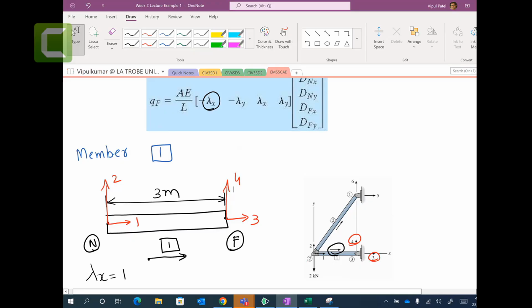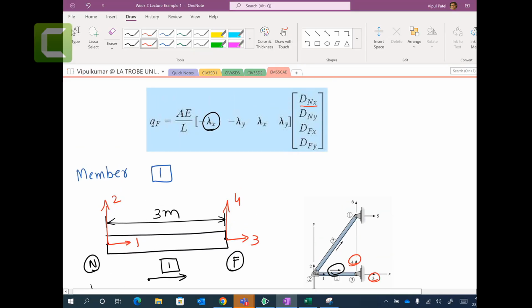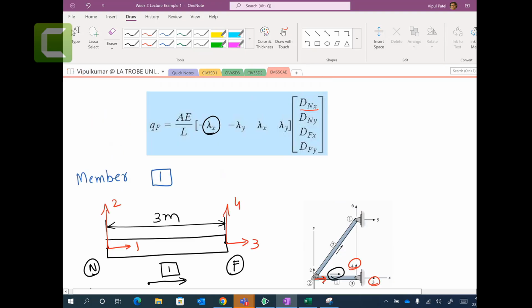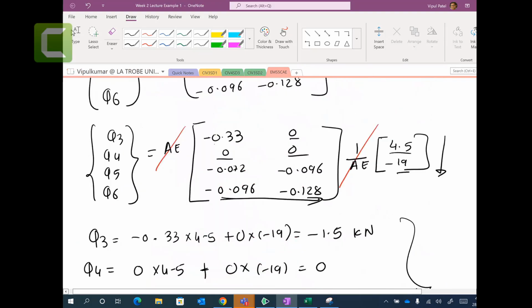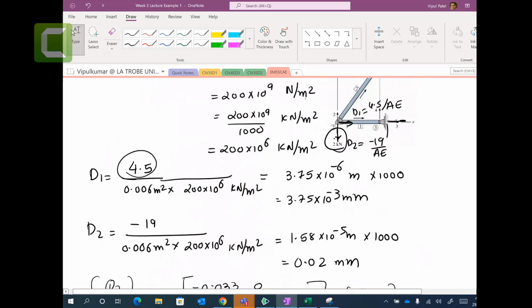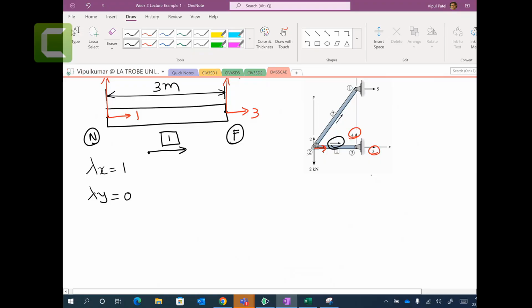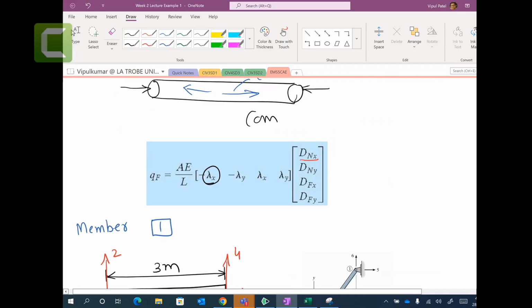Now we can use this equation and plug in the values. Near node x, and we have a displacement, by the way. One displacement is here. We calculated d1 and d2, 4.5 and minus 19. So d1, d2 we calculated is equal to 1 over AE, 4.5 and minus 19. We did this one, right? So near node. Let me write these equations.